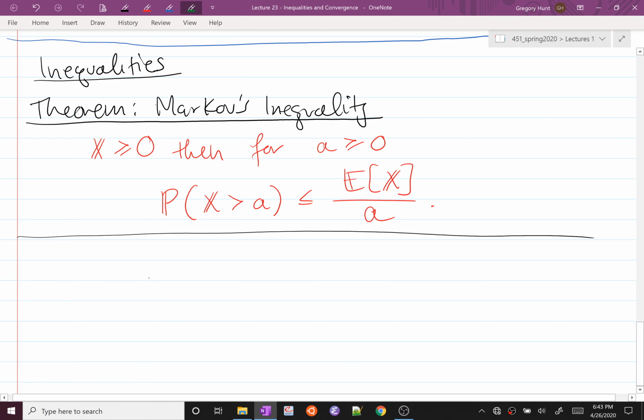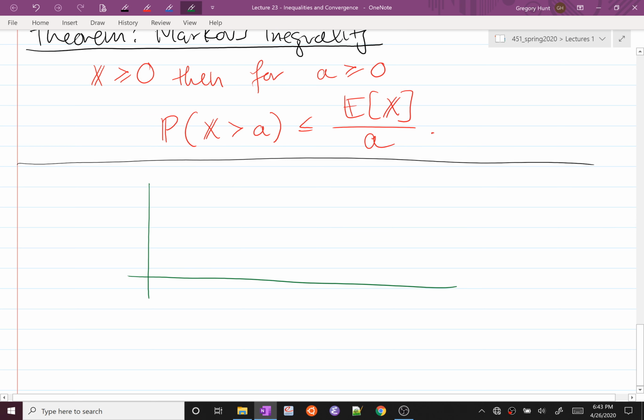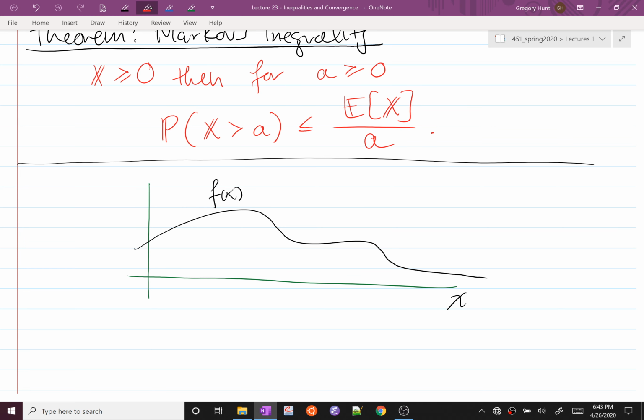And the picture you could draw would look something like this. Here is my PDF, f_X of x. If I choose some value a over here, and I want to look at the tail probability, so I want to look at the probability I'm in this tail, it's the area under that PDF there.